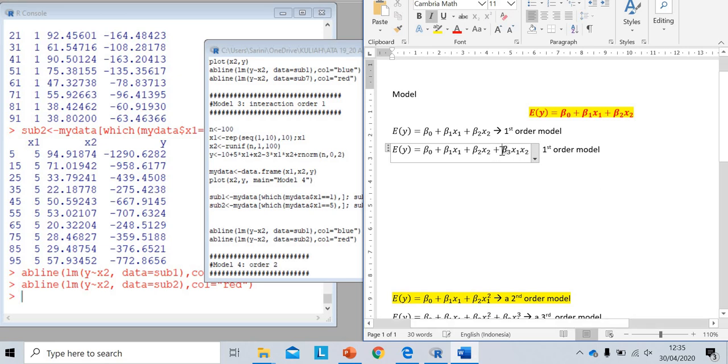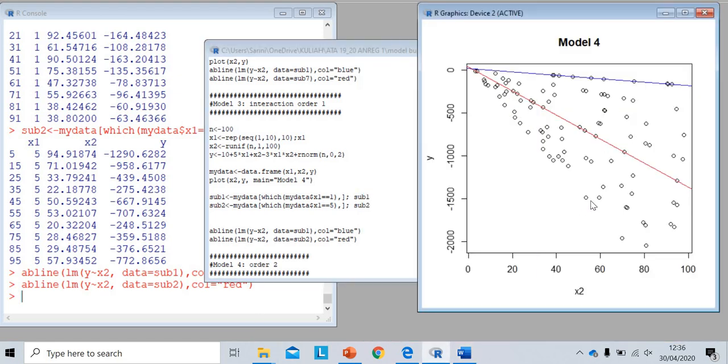So I will put here an additional term, beta 3 x1 x2, and this is called a model with interaction. So that's how you check whether we should put an interaction term in your model or not.